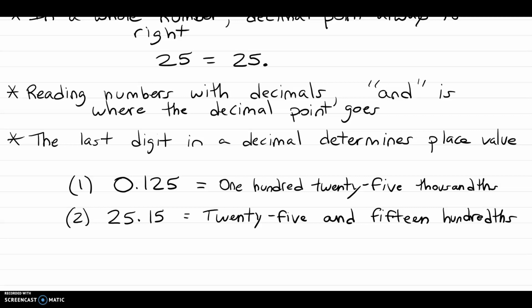So again, I look at the last digit and determine the place value of the last digit, and that's how I'm describing it or saying it in words. So for your practice, you're going to look at just identifying place values and then making sure you're correctly identifying a number and using the appropriate terminology with words. And again, you want to look at the last digit to help you identify that place value with the decimals.